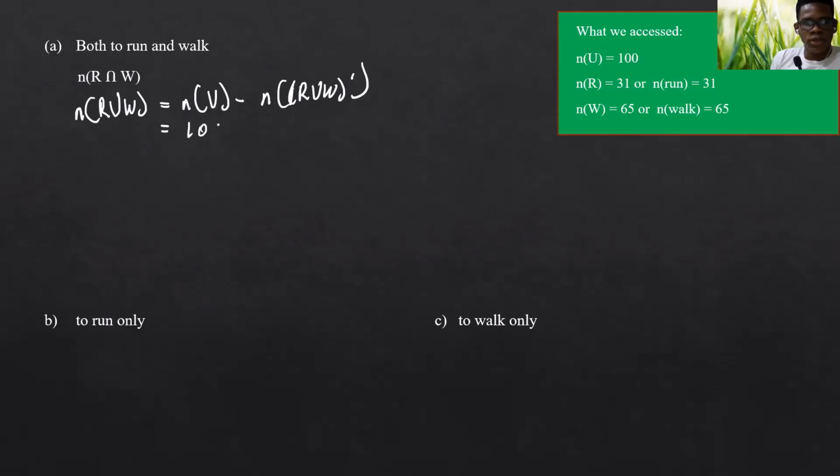As 100, we know the universal set is 100 and the complement is 22. Hence, the number of elements in the union is 78. Good. So we know the number of elements in the union.